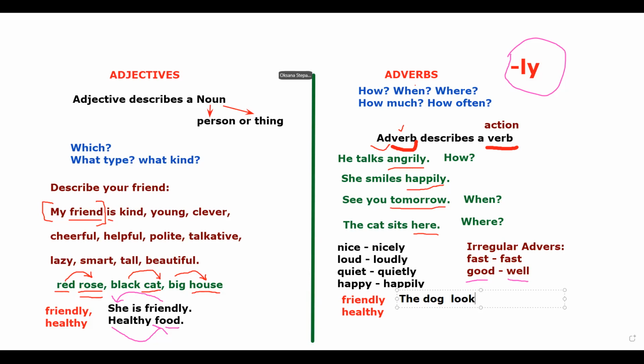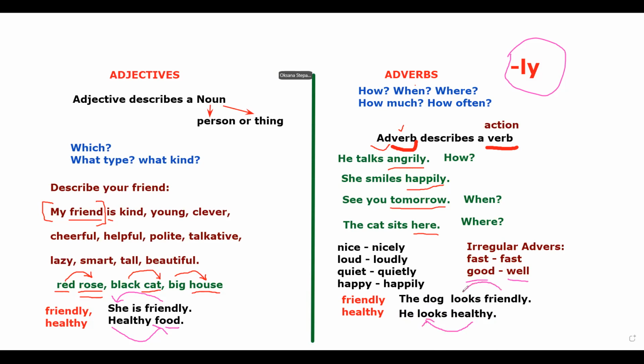Okay, and let's look now here. Dog looks friendly. And he also looks healthy. In both cases, the word is describing the verb.